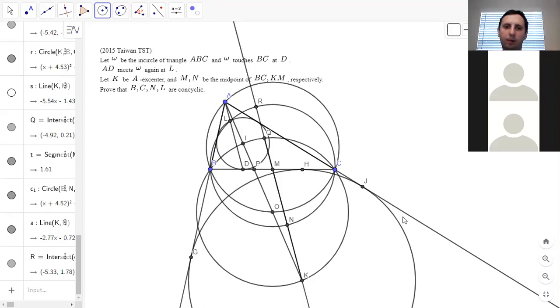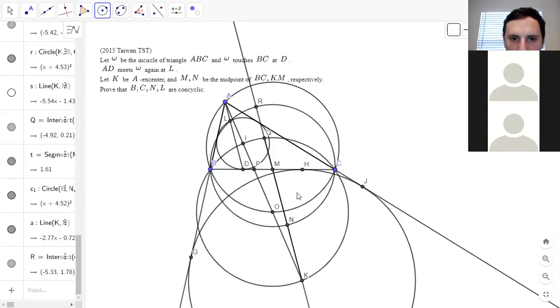Or Q is the midpoint of MR. We also know IQ is perpendicular to MR. Oh, that's interesting.